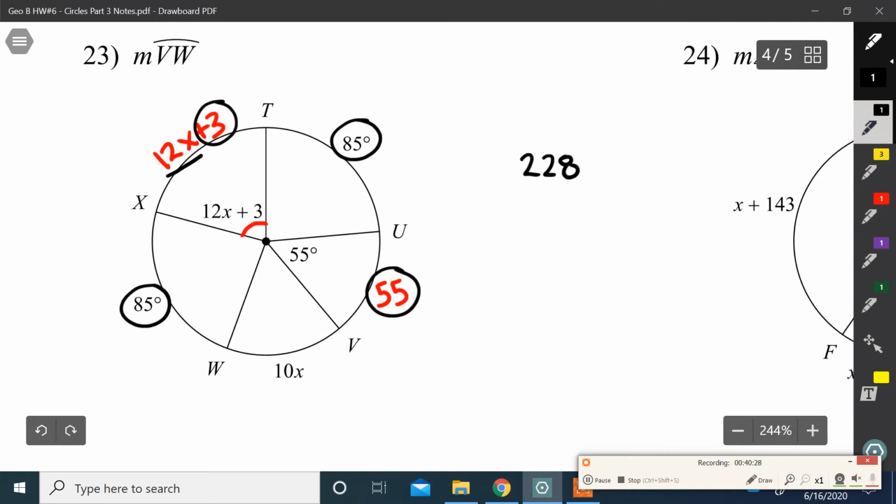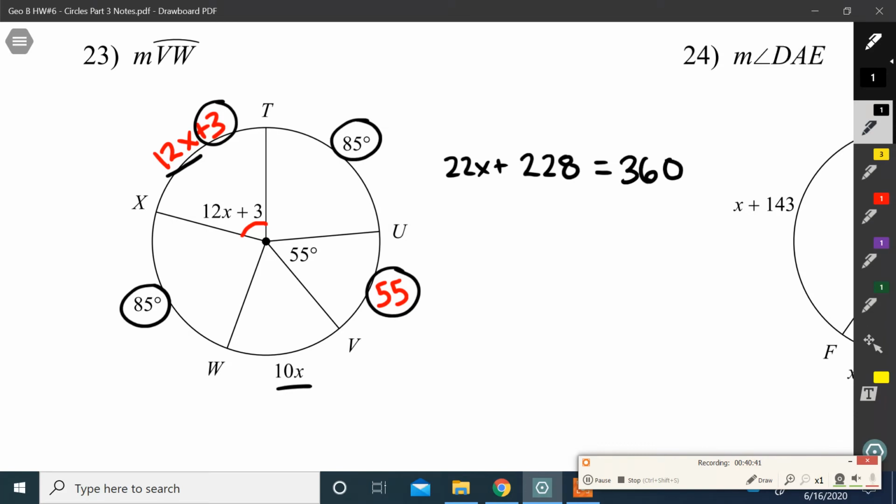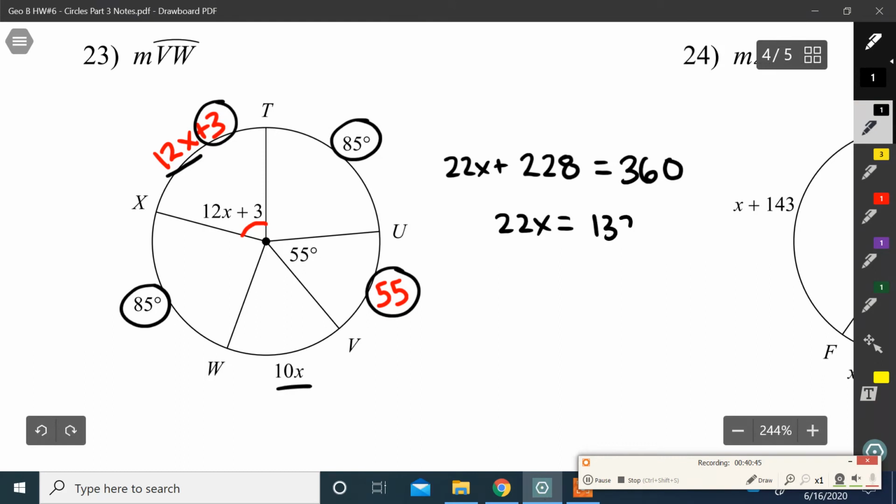And then we have the 12x plus the 10x, which is 22x. All of that adds up to 360. So now I'm going to subtract, and I get 22x is equal to 132. Finally, divide by 22, and you get x is equal to 6.